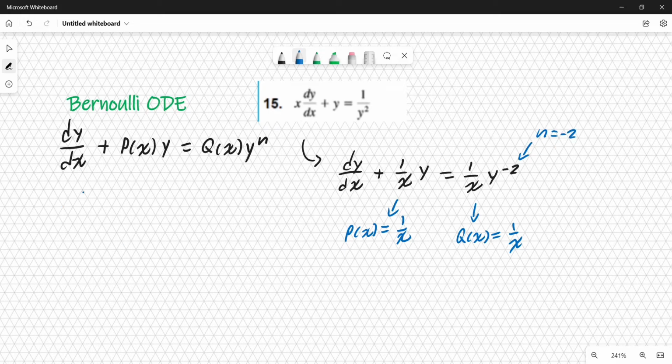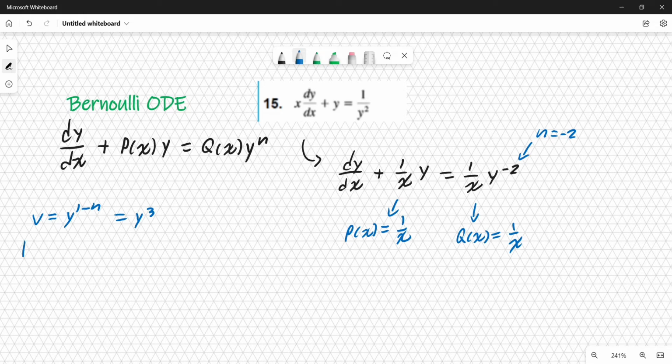So the way a Bernoulli equation works is it introduces a change of variable. We will say v equals y to the 1 minus n. This is the rule. Therefore, in this situation, 1 minus negative 2 is just 1 plus 2, which is 3. So we get v equals y cubed.